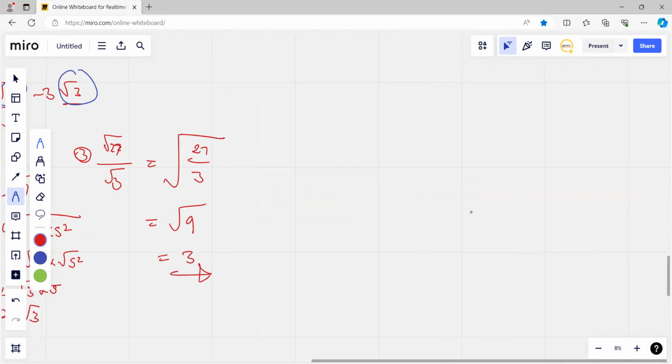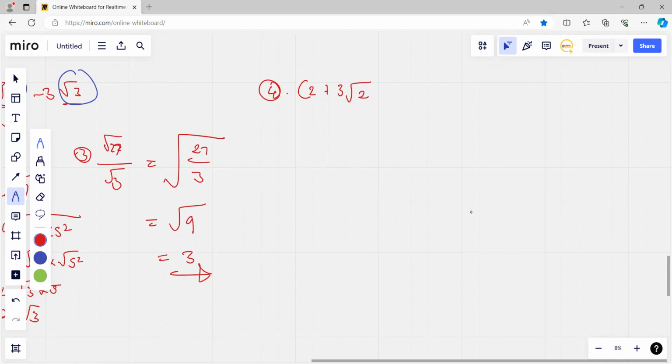So number 4, we have 2 plus 3 root of 2, squared.